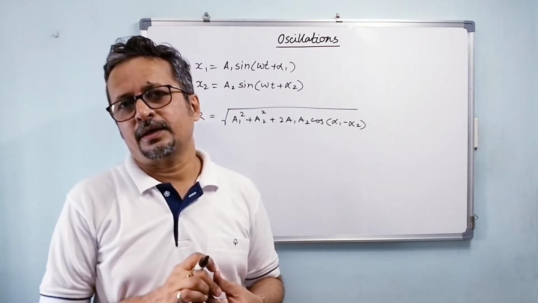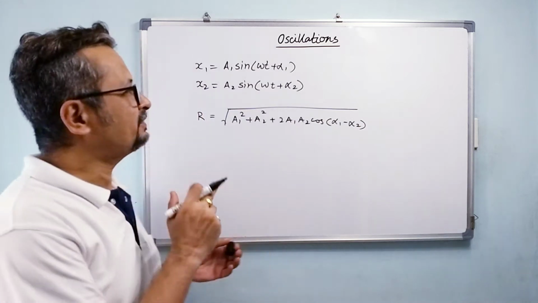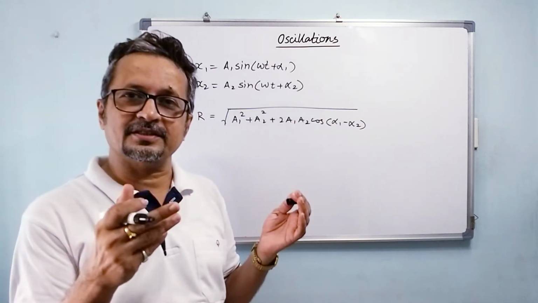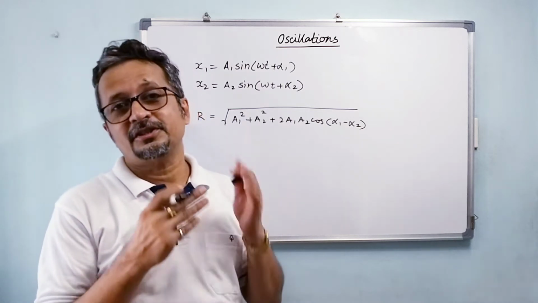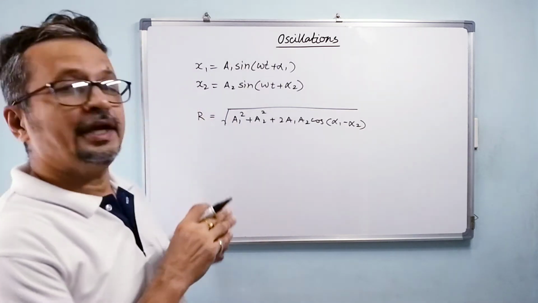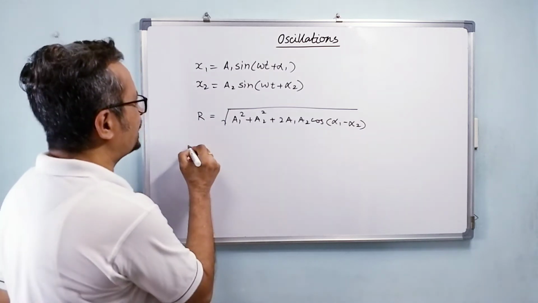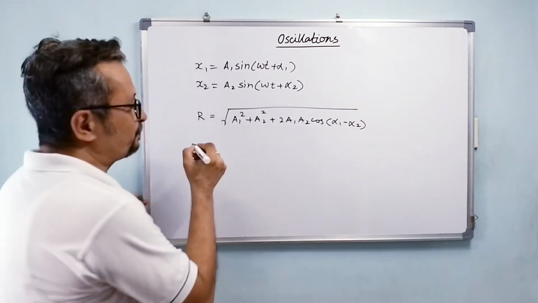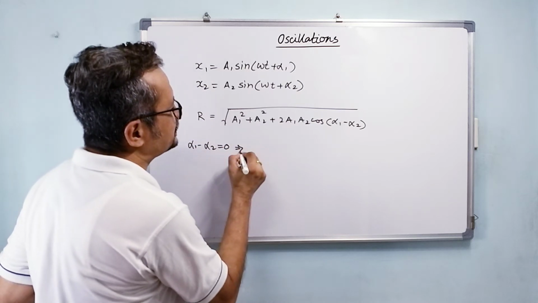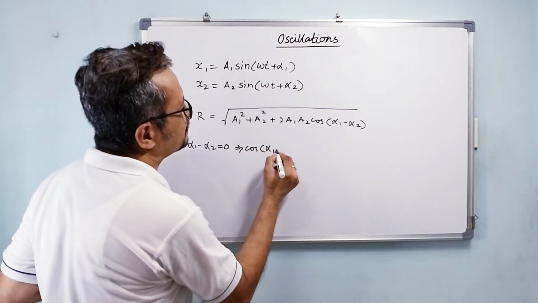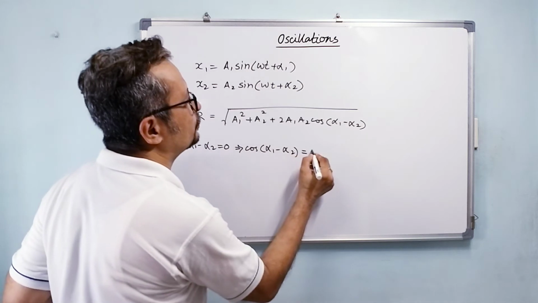The first case is if they are in the same phase, that is, the initial phase of displacement 1 and displacement 2 is the same. So my phase difference is 0, alpha 1 minus alpha 2 is equal to 0, which means cos of alpha 1 minus alpha 2 is equal to 1.